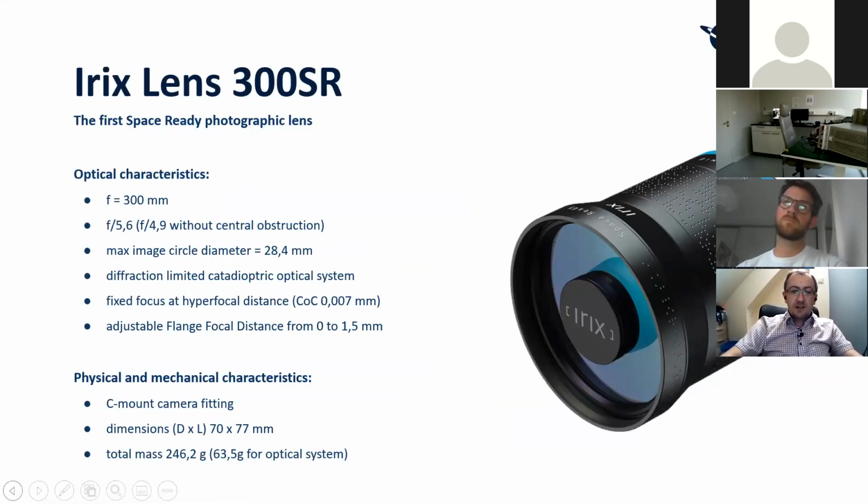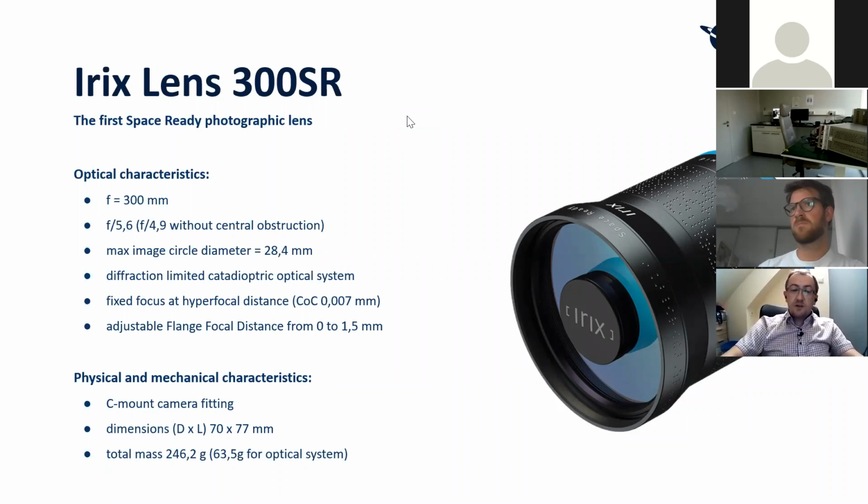Yes, exactly. The first version of IRIX 300 SR has an image circle diameter of 28.4. The lens was at first designed for APS-C sensor format. This will allow us not only to test the lens in the ground laboratory, but also to use cameras on board other satellites that have a major imaging sensor.